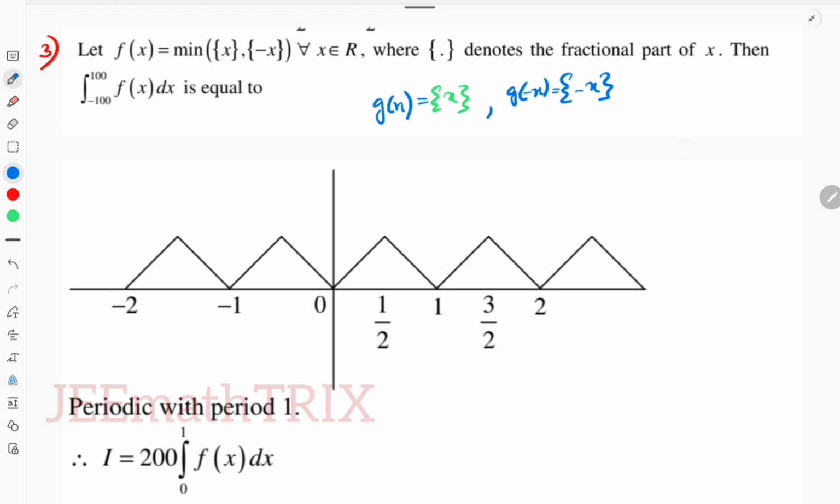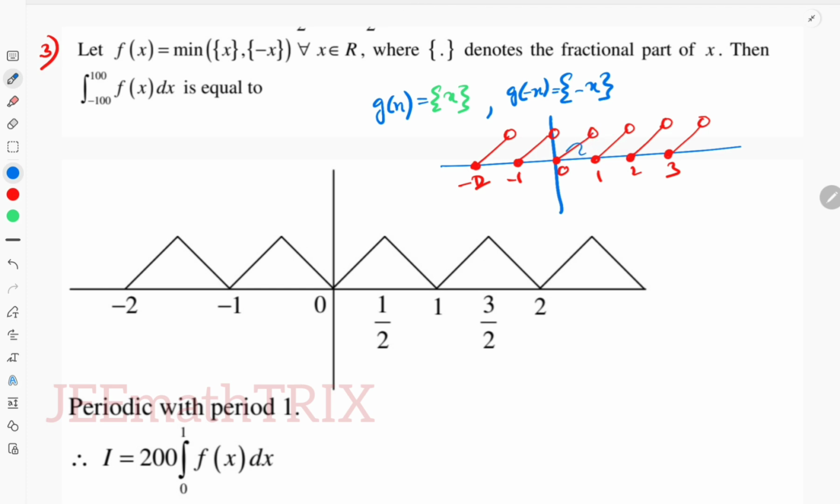In the same way here, if you draw the graph of the fractional part of x, it is like this: 0 to 1, 1 to 2, 2 to 3, 3 to 4, like that. And this is the graph of the fractional part of x. Now if you want the image with respect to the y-axis, the image of this part will come like this.